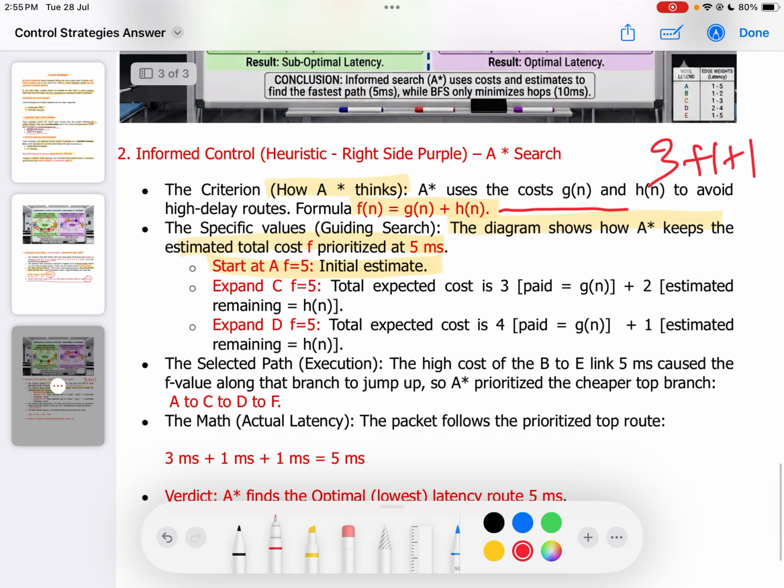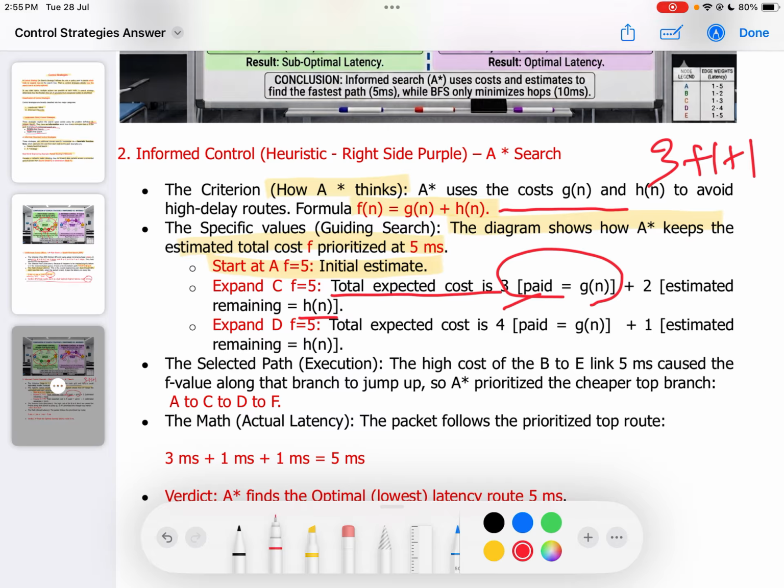When A to C happens, 3 is paid and 2 is estimated. That is h(n), and 3 is g(n). Once it goes to C, 3 is over, that path cost is paid.